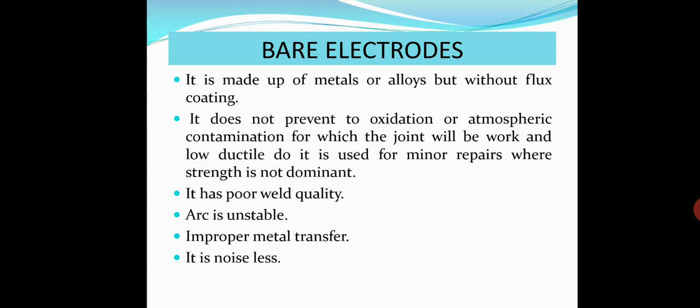If we use a bare electrode, the weld quality will be poor. The arc is unstable and improper metal transfer occurs. It is noiseless. So with a bare electrode we can do minor repair work, but in this case the weld strength is not very good.